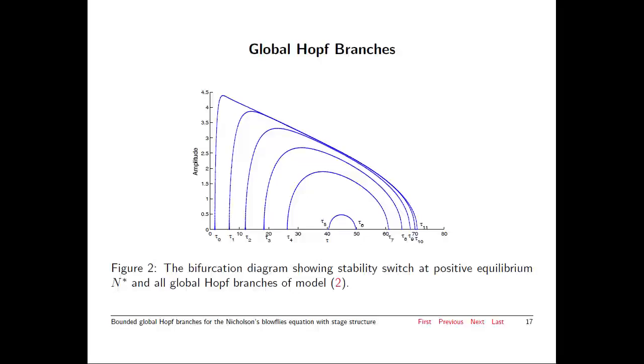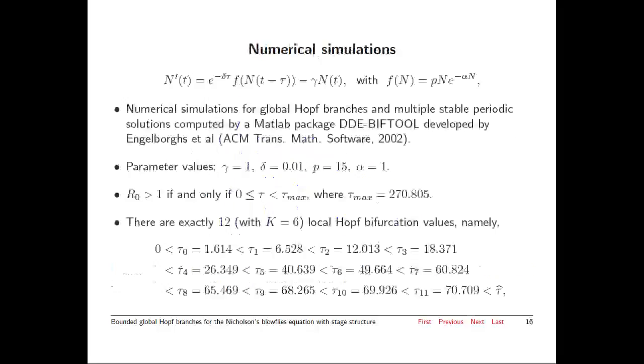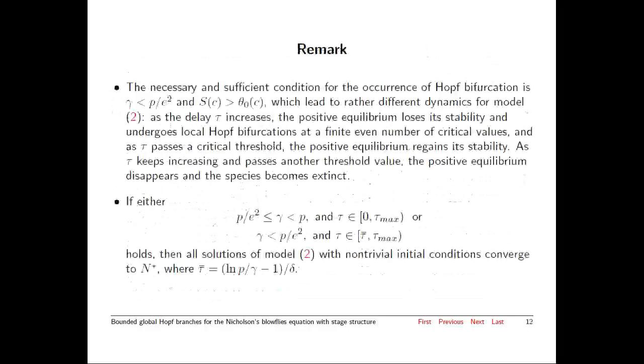Okay. I would also like to mention one maybe not so important biological explanation. If tau is large enough, and keeps increasing past another threshold value, the positive equilibrium will disappear, and the trivial equilibrium is globally asymptotically stable.